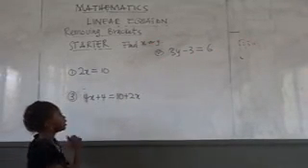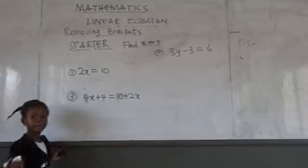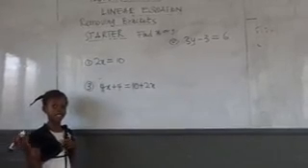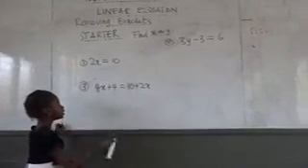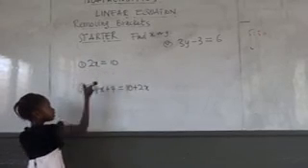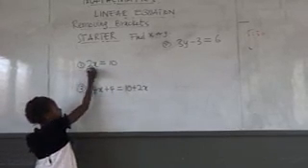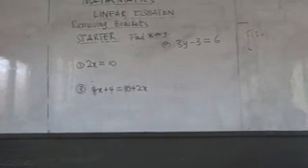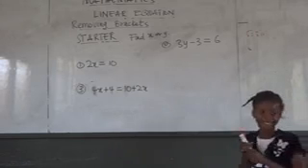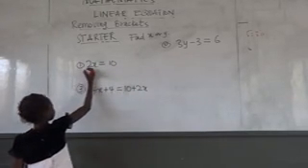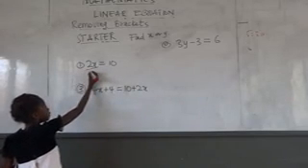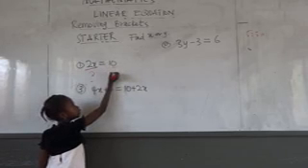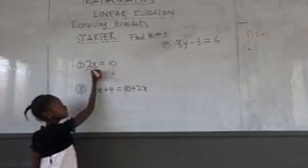Number 1. You divide both sides by the coefficient. So the coefficient is 2. So you cancel it and you cancel it.